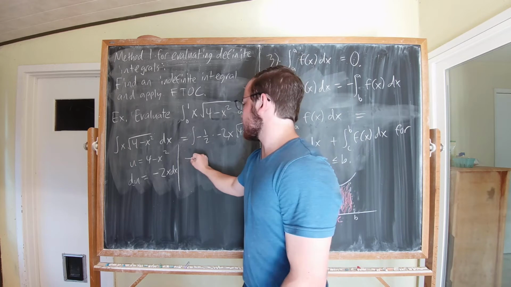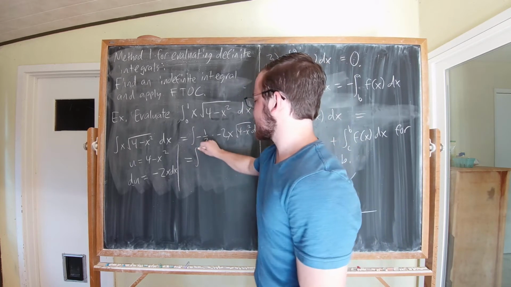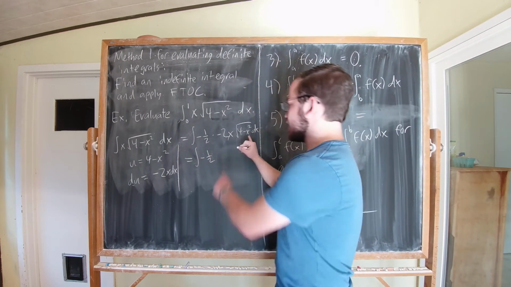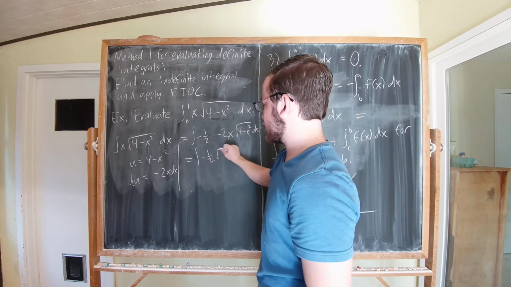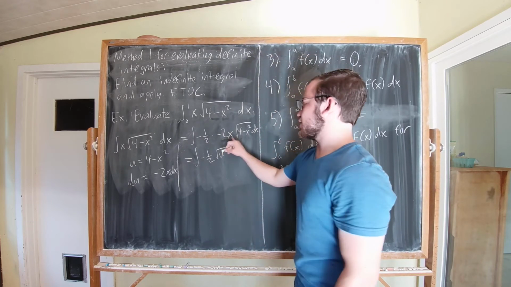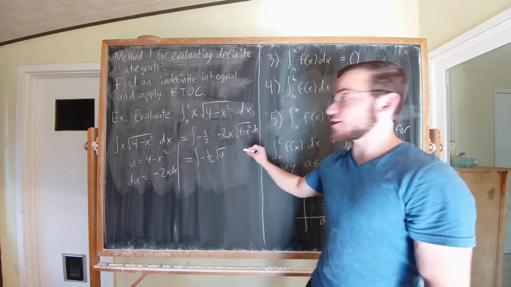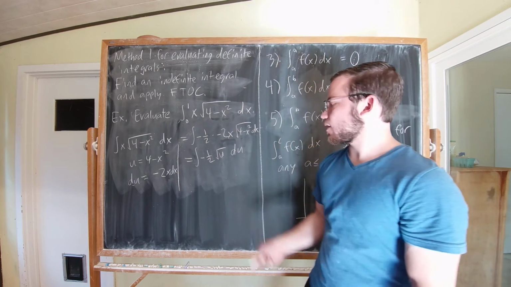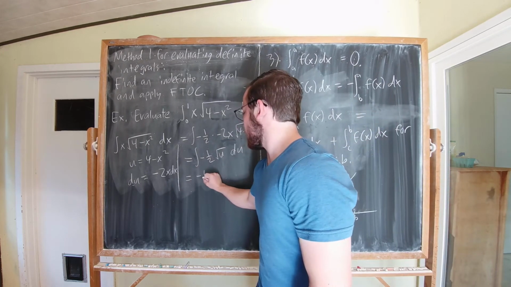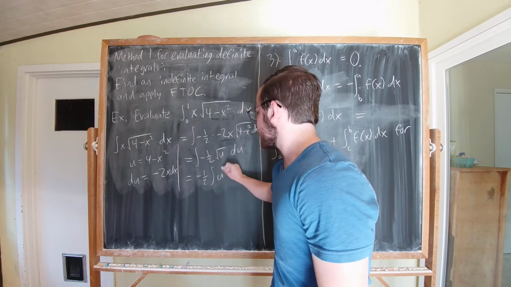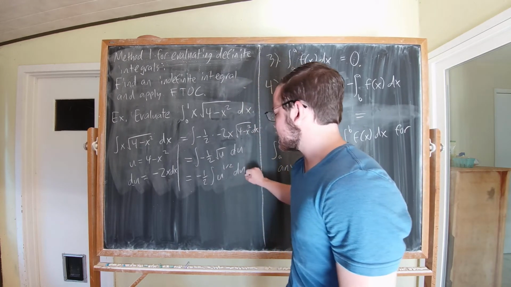And now we can apply our u-substitution. This is the integral of negative 1/2 times the square root of u, and the negative 2x dx is du. Or in other words, negative 1/2 times the integral of u to the 1/2 power du.